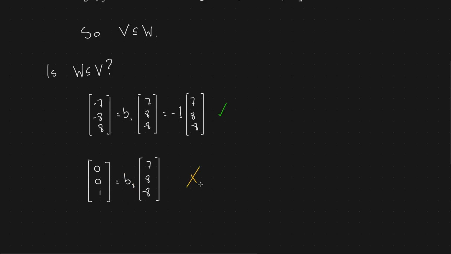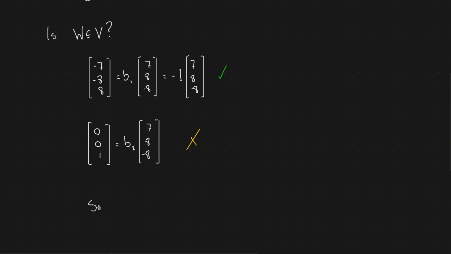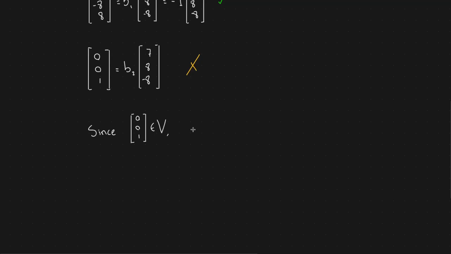So there is no possible choice for B2 that's going to make this work. Okay? Which means since vector 0, 0, 1 is not in set V, this vector here is not in this set, that means W is not a subset of V.